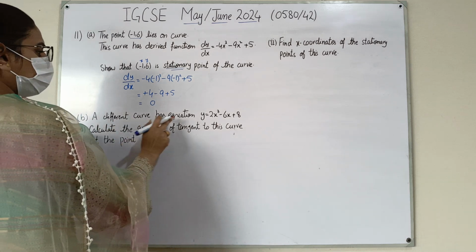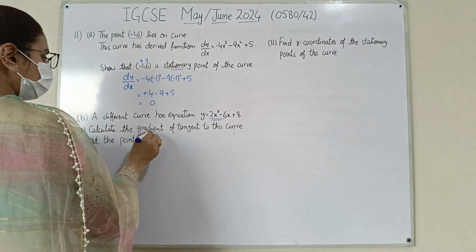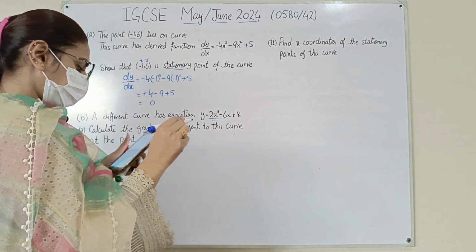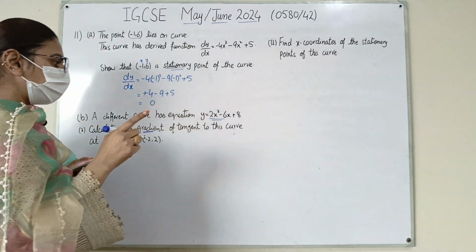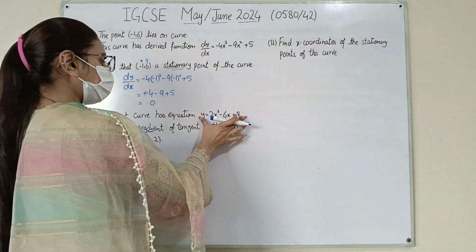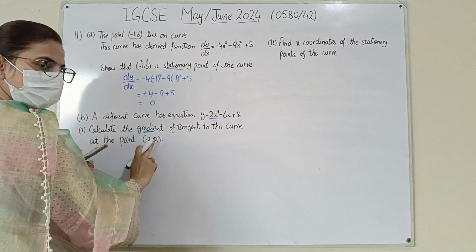A different curve has the equation, this is another curve. Calculate the gradient. Note over here that the gradient is always the first derivative. In other words, he is asking you to find the first derivative of this equation. After calculating it, you have to put the values as well.